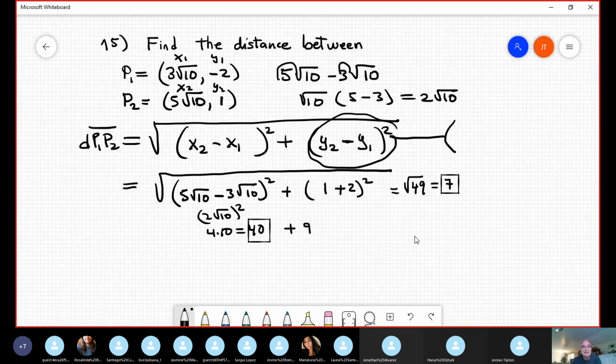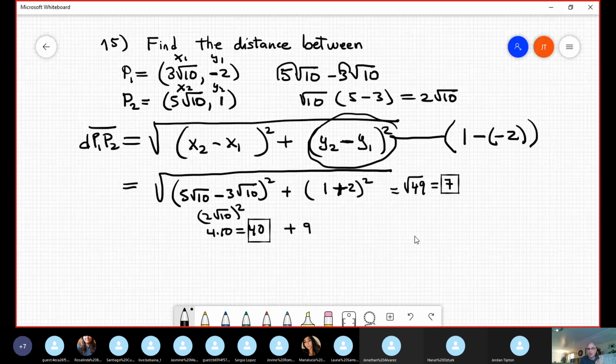Y2 is 1 minus this minus, and we have minus 2. Do you see? Minus 2 gets this minus. But I go fast, as always. I realize the double minus becomes positive. Super. Got it? Yes, sir. Thank you.